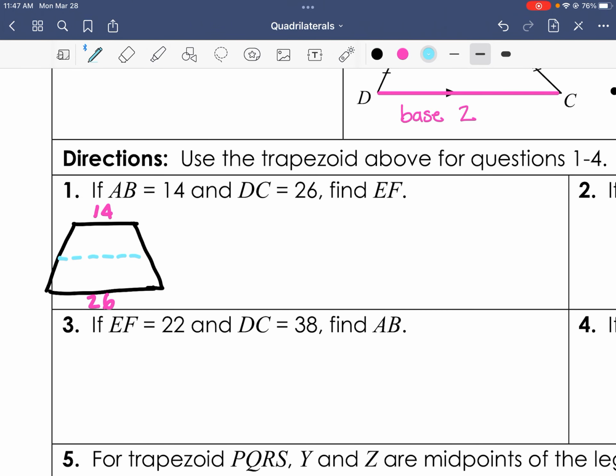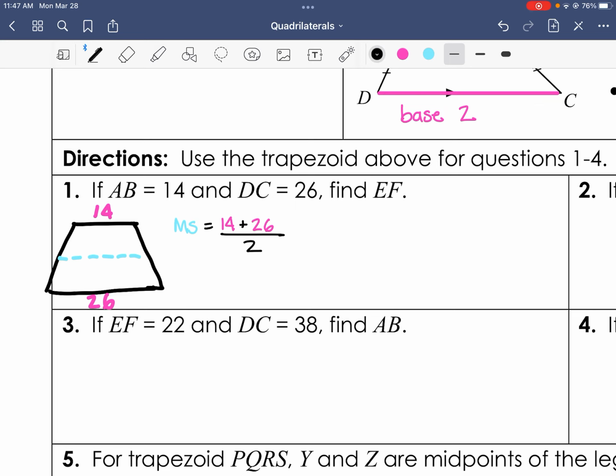Well, let's go ahead and use the formula. So we have that the mid-segment is equal to my top base plus my bottom base divided by 2.